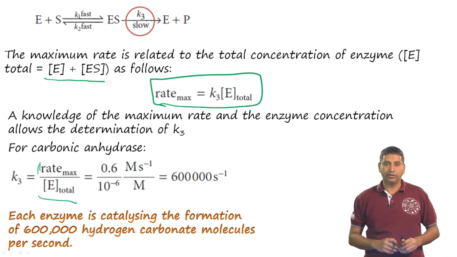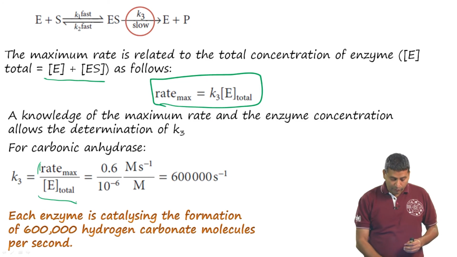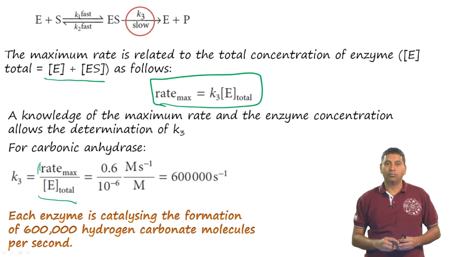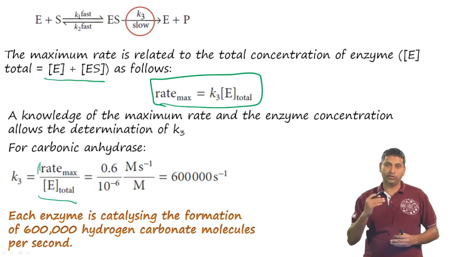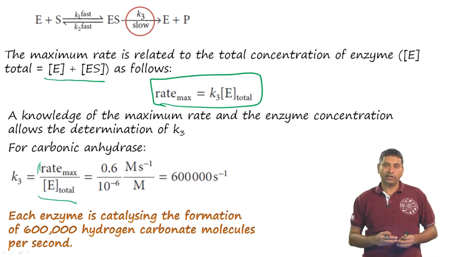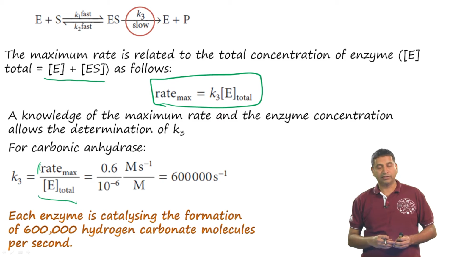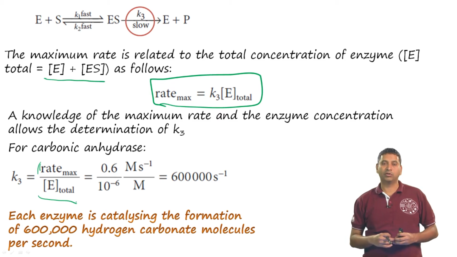So, what we would get here is, if you look at the rate max for the turnover of a particular enzyme, you get a value of 0.6 molar per second, which is in the numerator, and the concentration of the enzyme that we have started with is 10⁻⁶ molar, which is 1 micromolar.